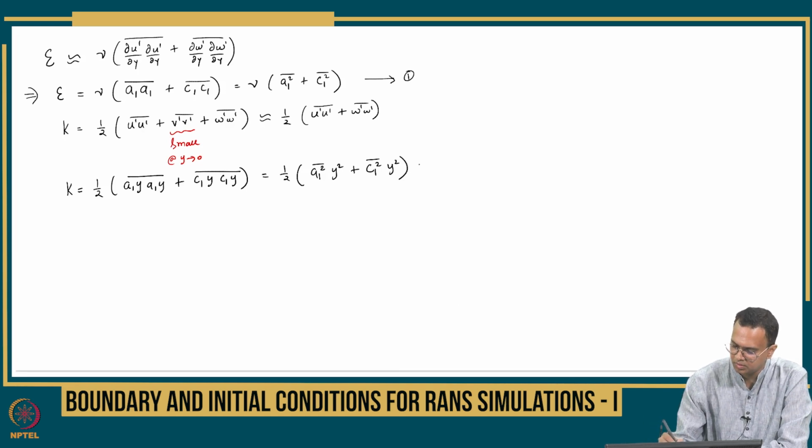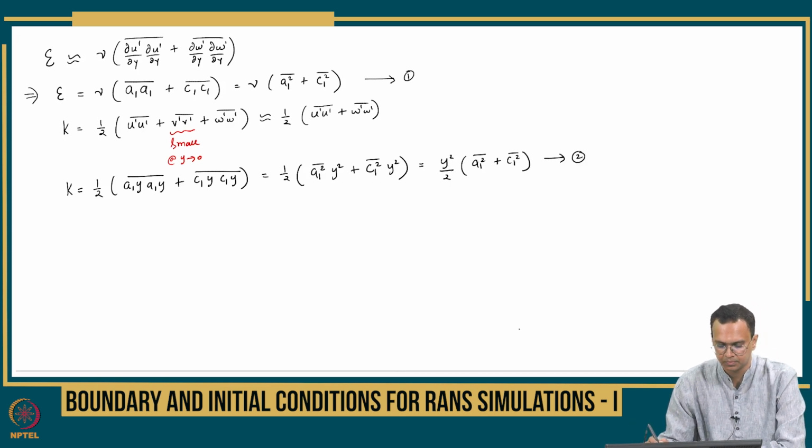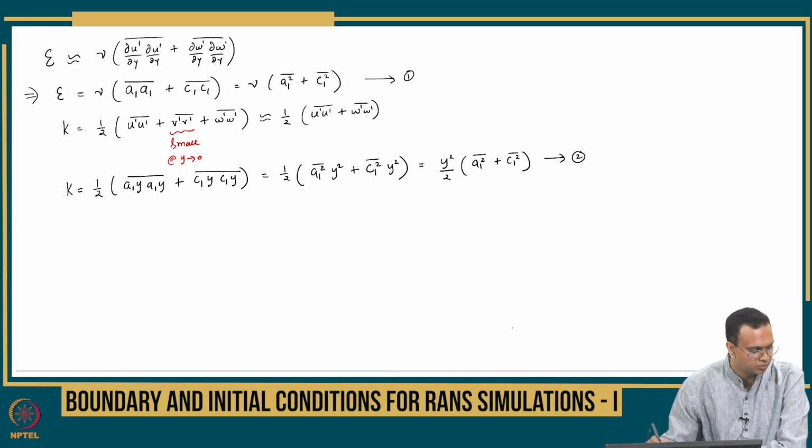Or I can write this as y square by 2 times a1 square average plus c1 square average, equation 2. I need to give boundary condition for epsilon here on the wall, okay, and the k is known to me. K boundary condition is 0 on the wall, and everywhere I am computing for k, okay.